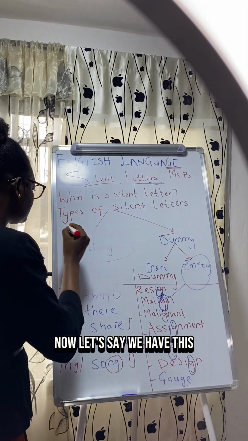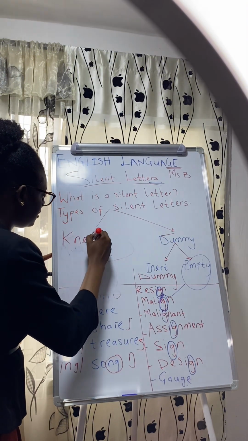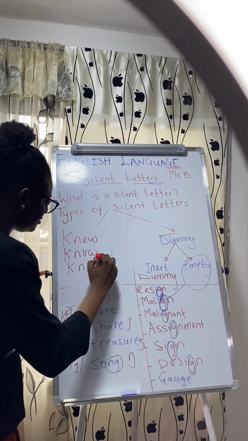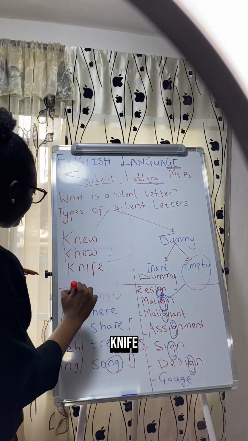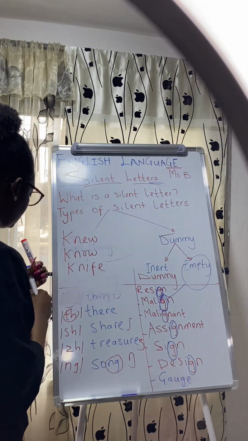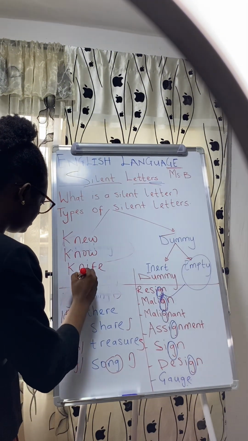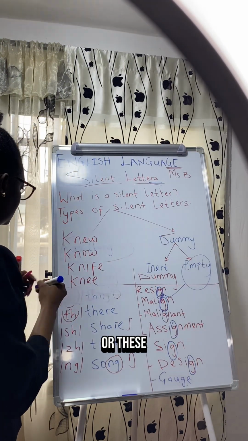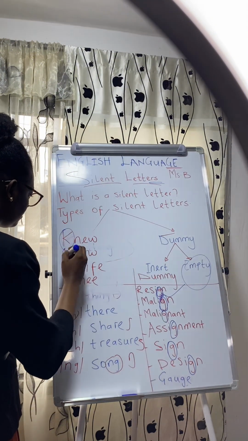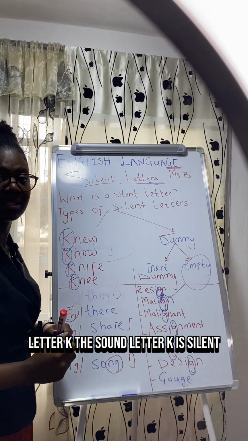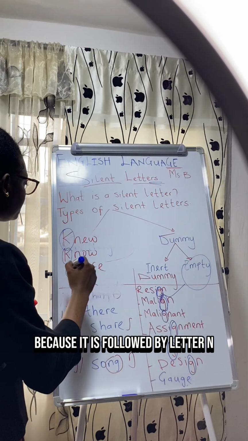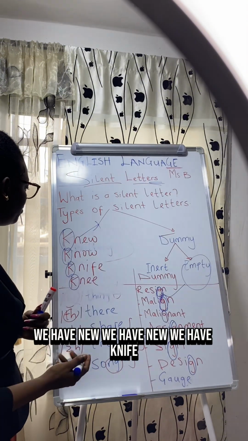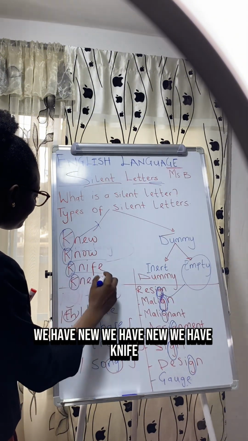Knowledge, for example: we have knowledge, we have new, we have no, we have knife, we have knee.